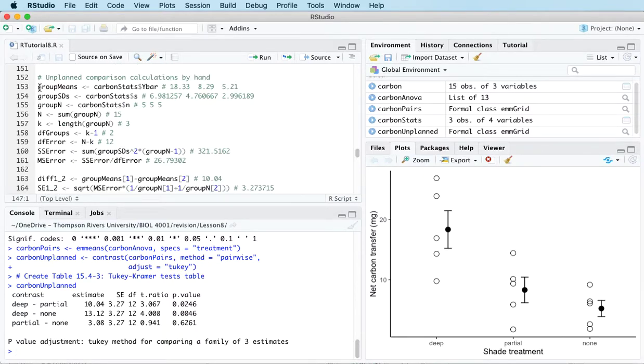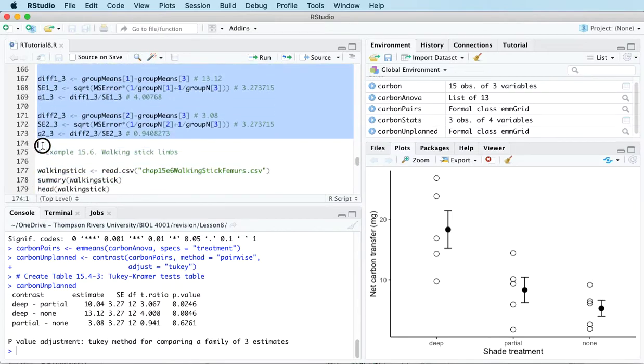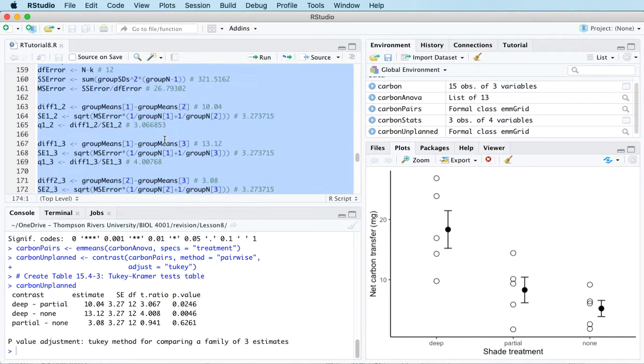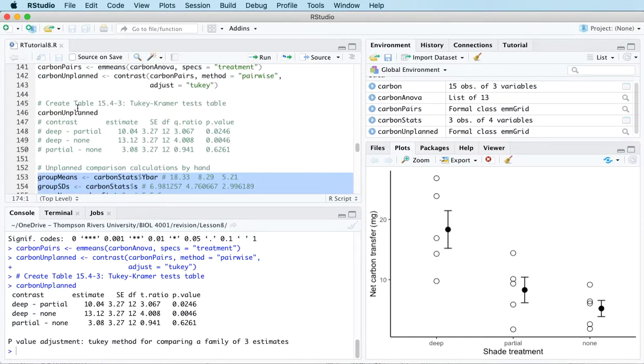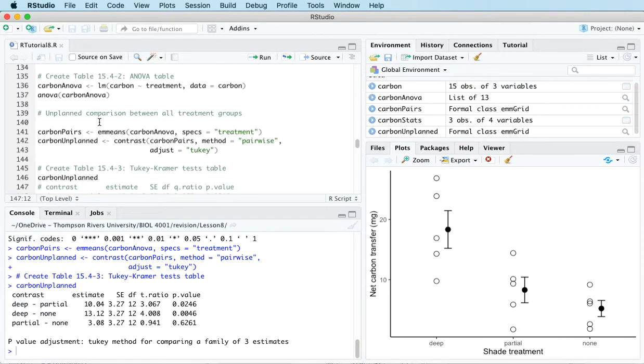Again, it can be helpful to go through the hand calculations because it gives you a little bit more insight into what's going on. But in practice, once you know what's going on, just use the built-in functions. So do the analysis of variance test, and if your study design is such that you don't have a specific planned comparison to do, then at this stage, after you've done the analysis of variance and rejected the null hypothesis, so you've determined that at least one treatment mean is different from the others, then you can go and do your unplanned comparisons.